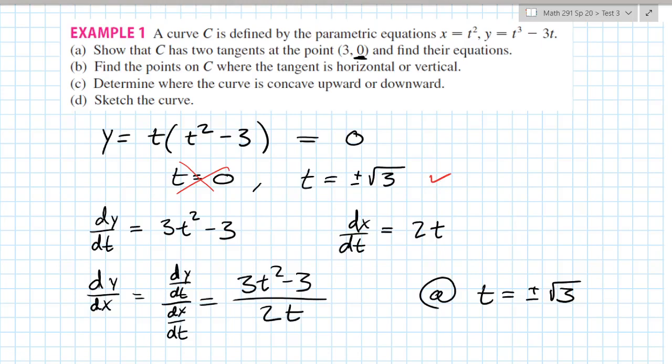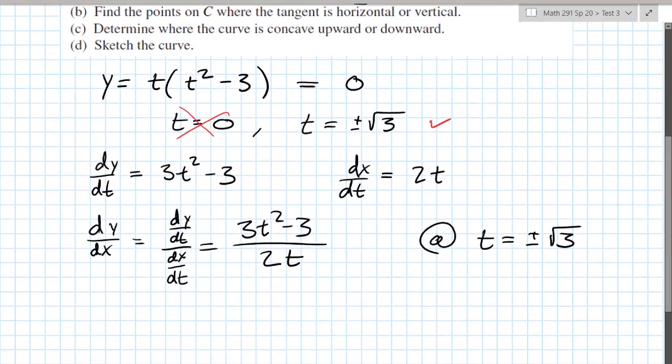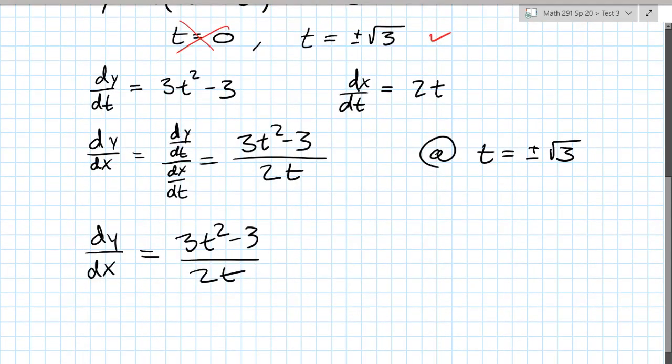Part B, find the points on C where the tangent is horizontal or vertical. So to find where the tangent is horizontal or vertical, we are looking at dy/dx, which equals (3t squared minus 3) over 2t, and we are setting this equal to 0, and we want to know when it is undefined as well.